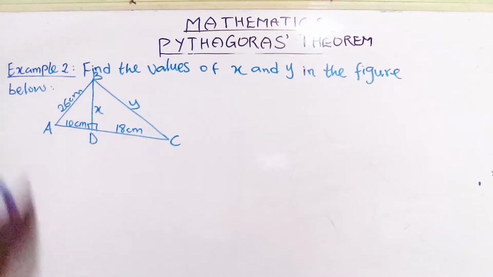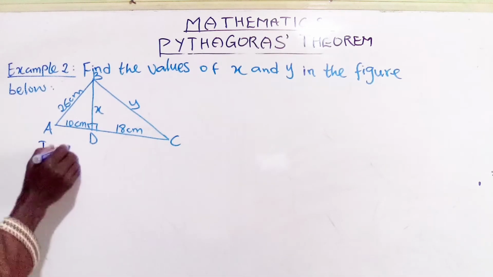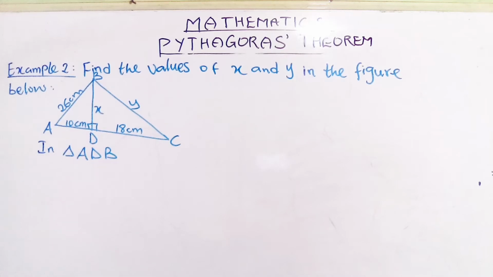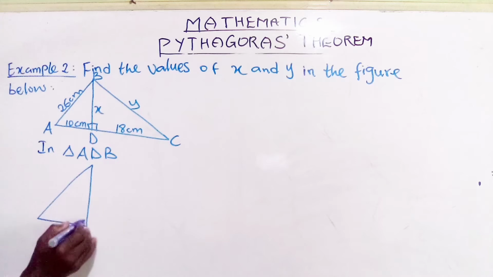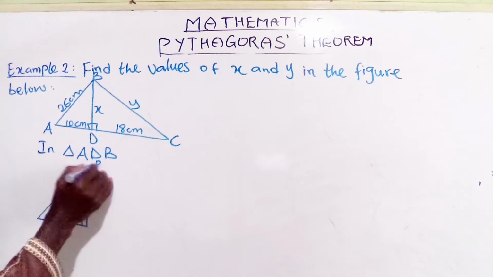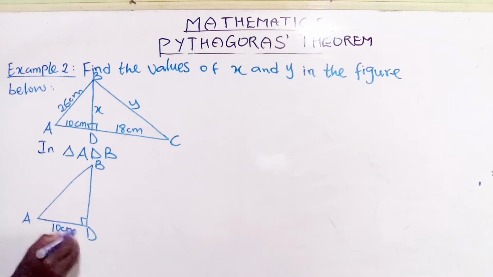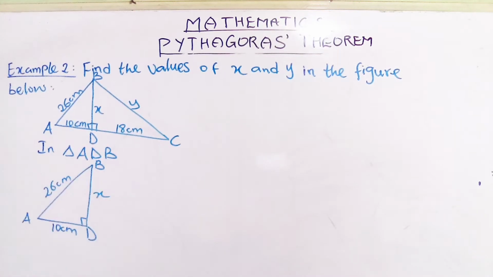So in this case, let us take triangle ADB. Let's take out the triangle. So this is B, D, A. This is 10 centimeters, 26 centimeters, and this is value x. So we want to find the value of x now.